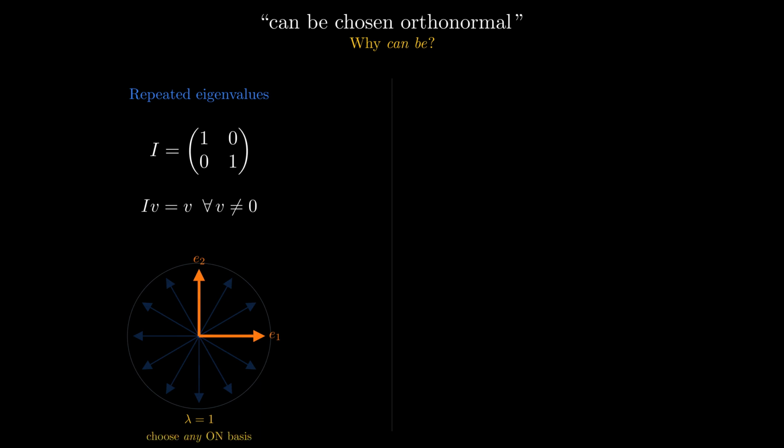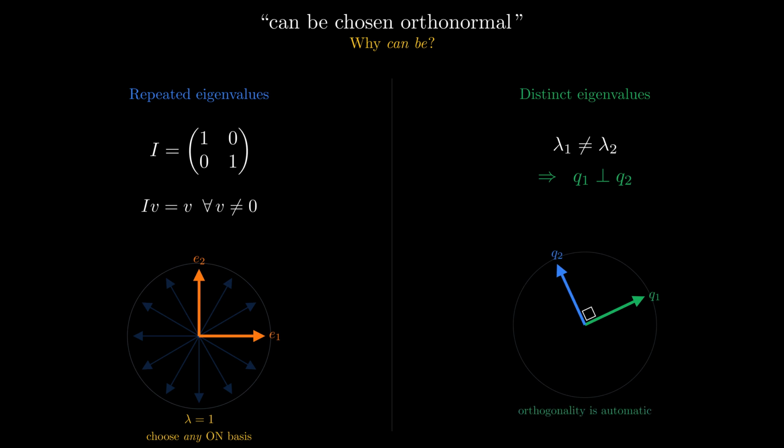More generally, when an eigenvalue repeats, an entire subspace of eigenvectors appears, and we choose perpendicular ones inside that subspace. When eigenvalues are all distinct, perpendicularity is automatic. Eigenvectors of different eigenvalues of a symmetric matrix must be orthogonal. No choice required.